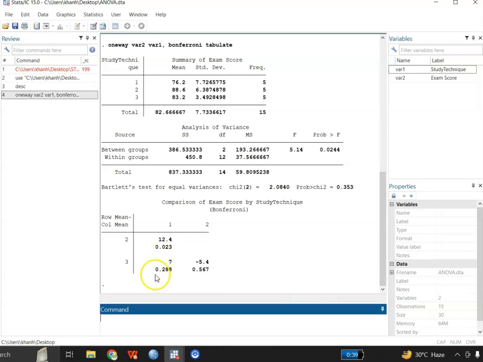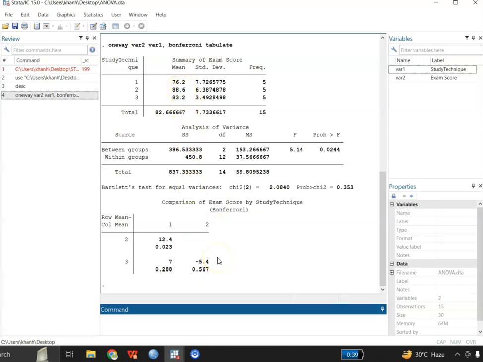However, the difference between the mean score of students using technique 3 and those using technique 1 is equal to 7, and its p value is 0.288. So this is not significant. It means that there is no difference between the mean scores of students using technique 3 and technique 1. Similarly, there is also no significant difference between the mean exam scores of students using technique 3 and technique 2.